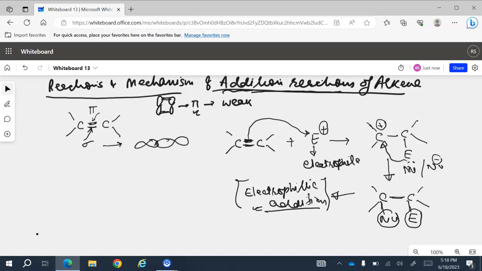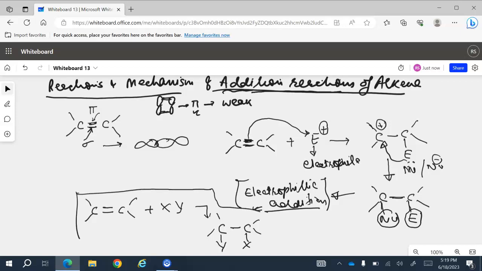So in summary, if you add a species, say XY, where X is the electrophile and Y is the nucleophile, the carbon-carbon double bond converts into a single bond, with the electrophile added to one carbon and the nucleophile added to the other. This is the type of reaction that alkenes undergo, and the name is electrophilic addition reaction.